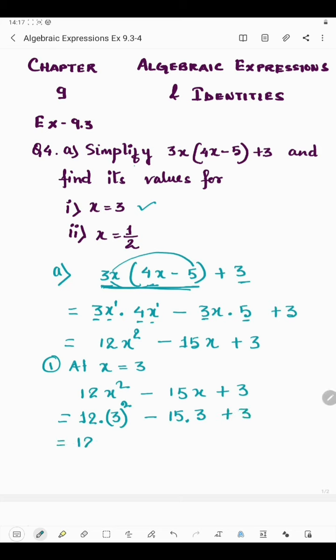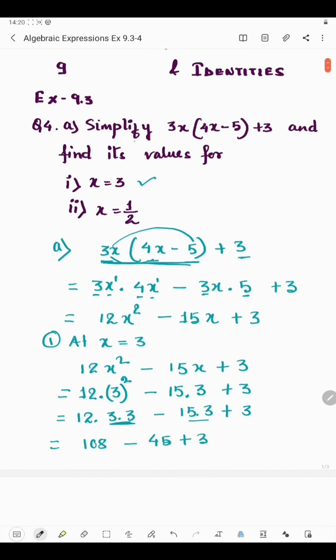Now 12 multiplied by 3 square means, since the power is 2, 3 will be written twice, minus 15 multiplied by 3 plus 3. Now 12 multiplied by 3 multiplied by 3, this dot is given for showing multiplication. Now 3 3s are 9 and 9 12s are 108, minus 15 3s are 45, plus 3.